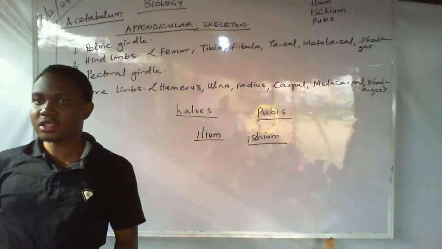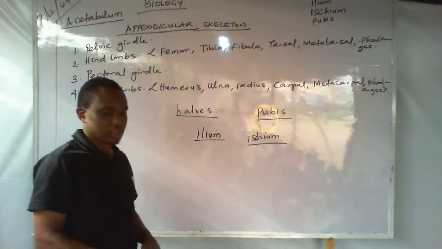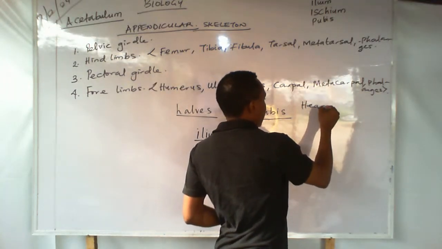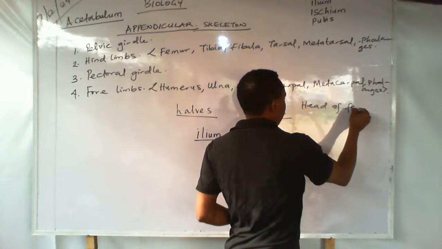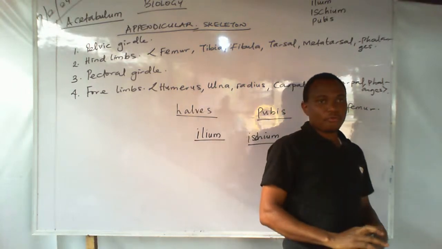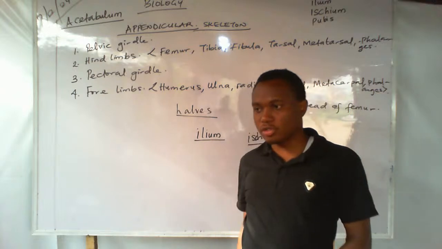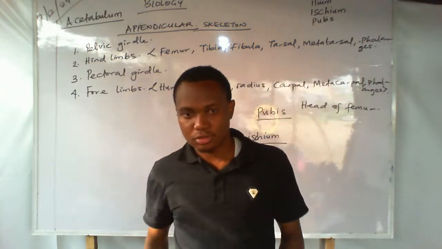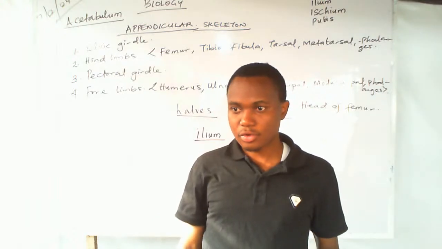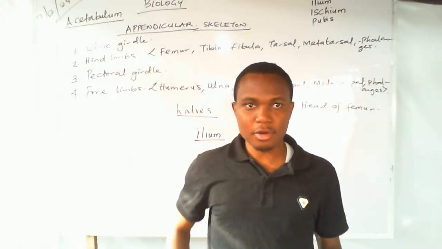Which articulates with the what? Head of what? Head of femur. To form the ball and what? Socket joint, abi? With the femur, to form the ball and socket joint.